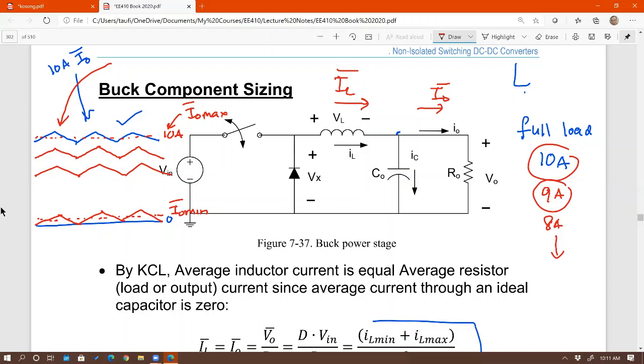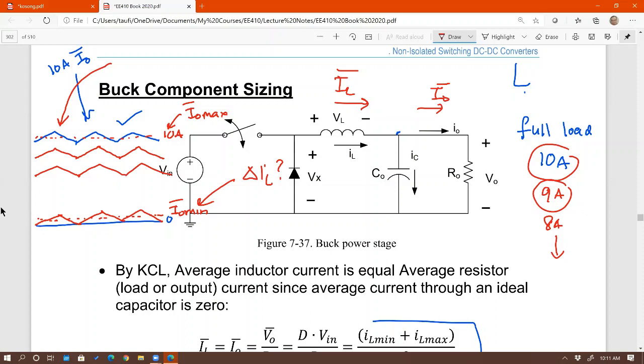That means what? That means the average value, I out min, must be, how do you relate that to delta IL? Anybody? Would it be ripple over 2?